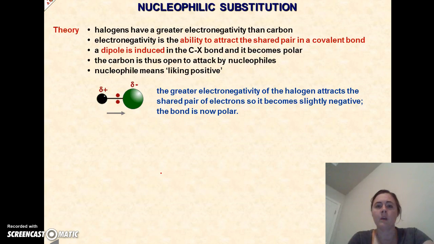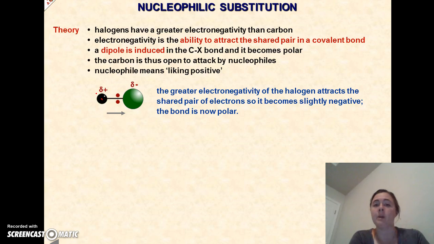Okay? So we're going to be looking at nucleophilic substitution. So remember the idea of a nucleophile is something that is looking for a nucleus, right? It is nucleophilic, a nucleus lover. All right, so we're looking at any time we've got a carbon here attached to a halogen.